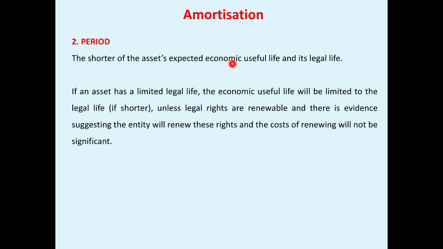If my legal life is less than my expected useful life, you pick the legal life. For example, if your fishing license has an economic lifespan of 20 years, but it has a legal life of 5 years, you'll pick the 5 years as the period of the lifespan of the asset. You see what I'm saying?